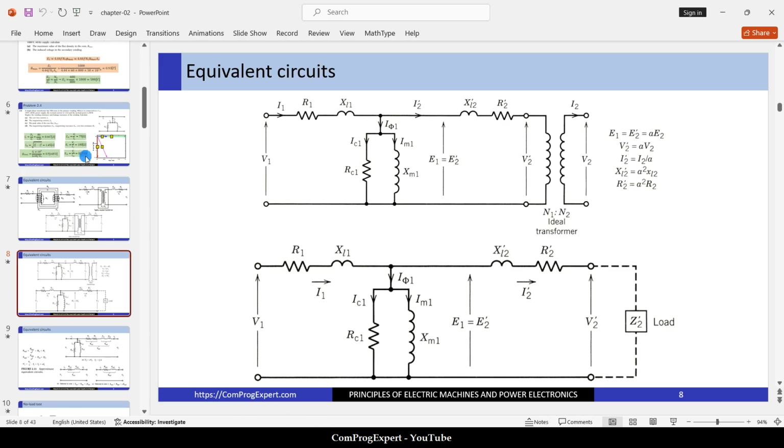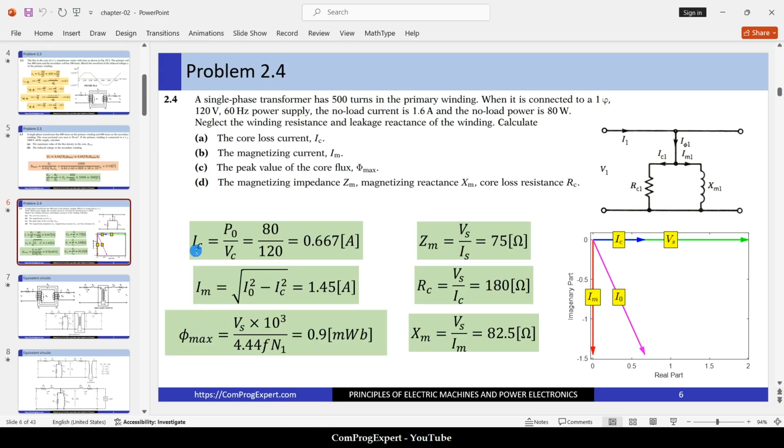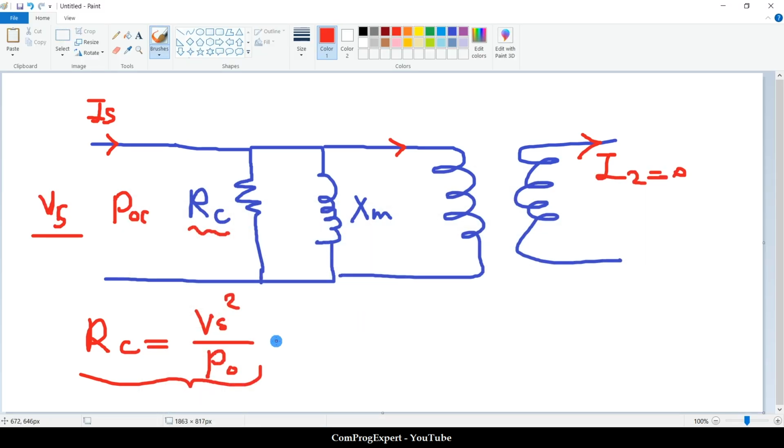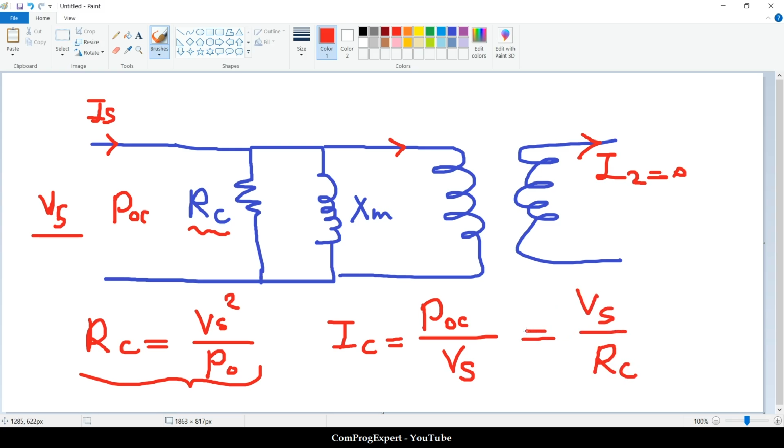And what is the value of the core current? The current of the core resistance is P0, P open circuit, divided by the source voltage, or Vs divided by RC. Or this is equal to V source divided by I source, depending on which one we calculate first.